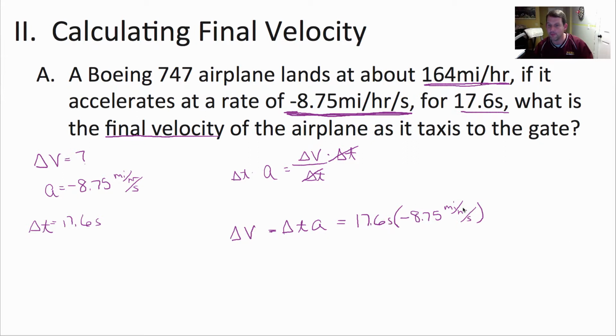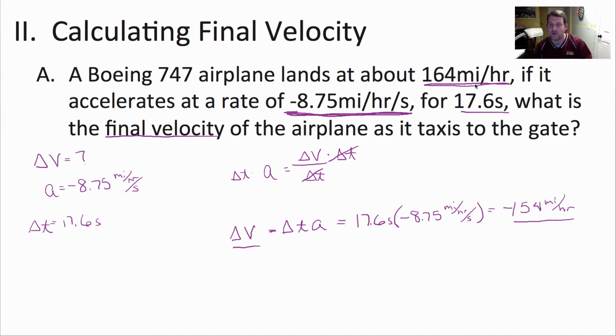We multiply these two numbers together and we end up with negative 154 miles per hour. Now notice, we have to be really careful here that this is our change in velocity. It's not our velocity, it's our change in velocity. It means that we have lost 154 miles per hour. This negative sign tells you that you've lost that much instead of gained that much speed.